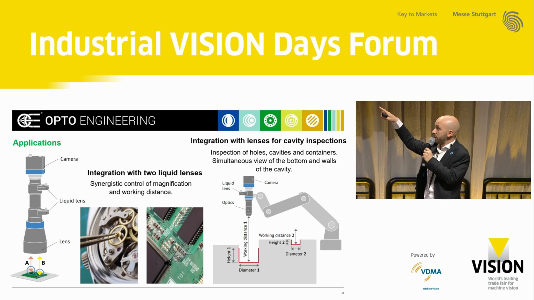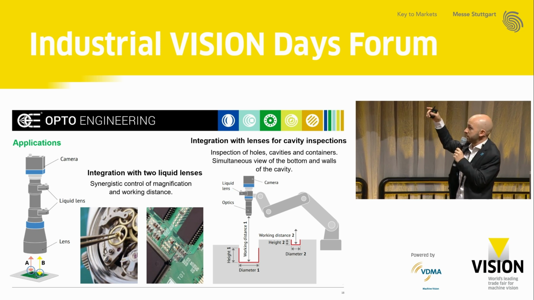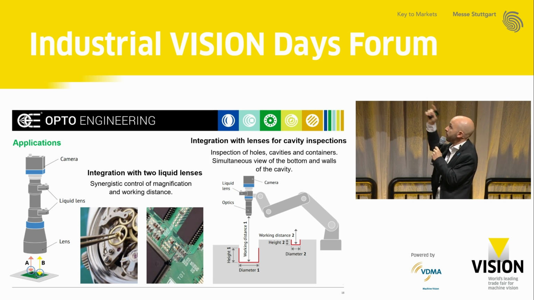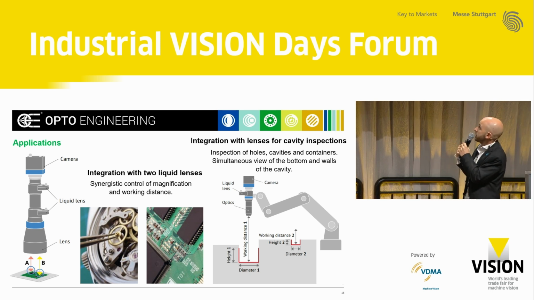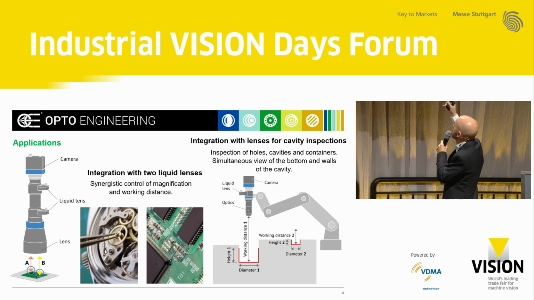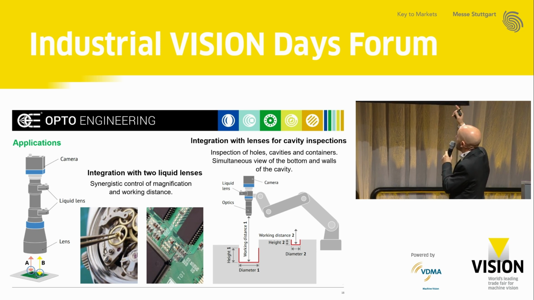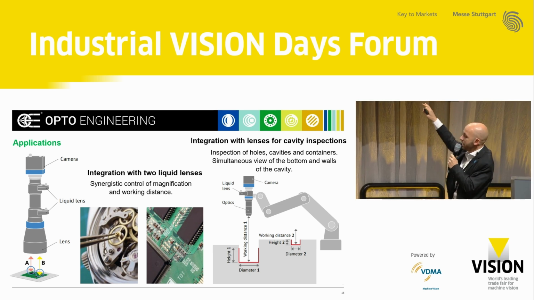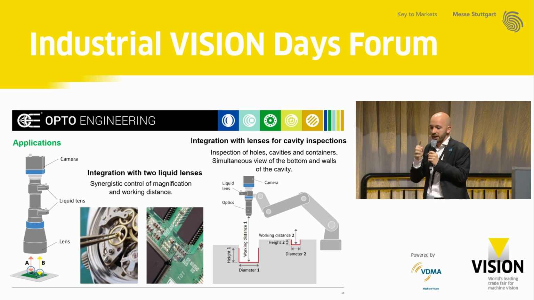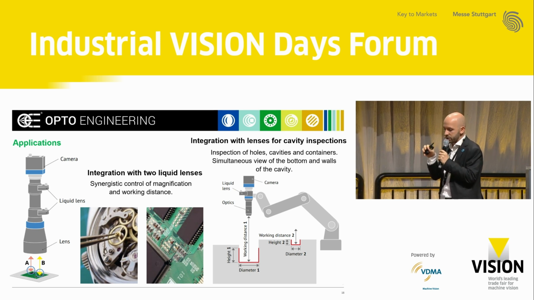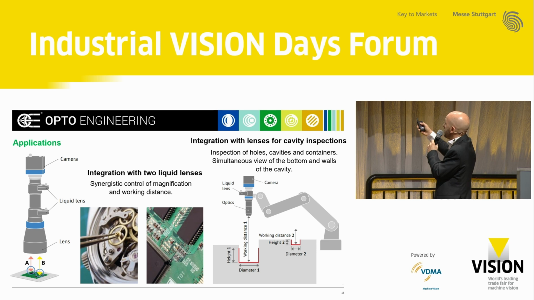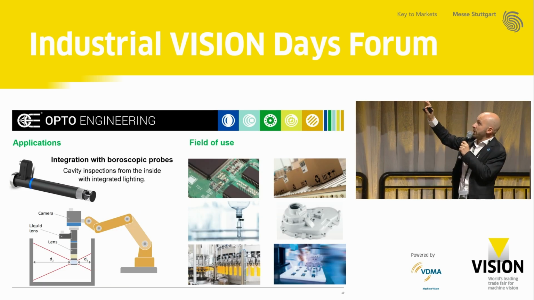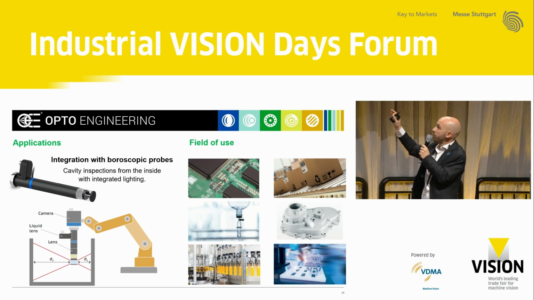Here you can see the two liquid lenses controlled with the telecentric lenses for the synergetic control of magnification and working distance, or the integration with lenses for cavity inspection, for whole cavities and so on. In this case, we need to place the focus deeper in the cavity. The last application is the integration with borescopic probes, for example.